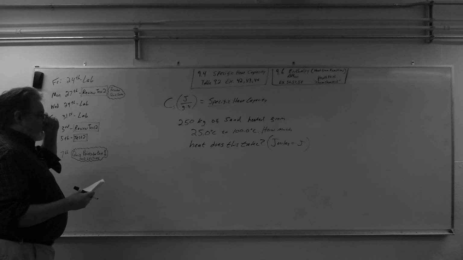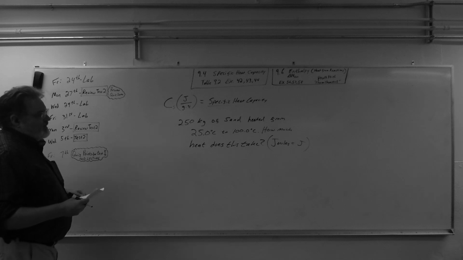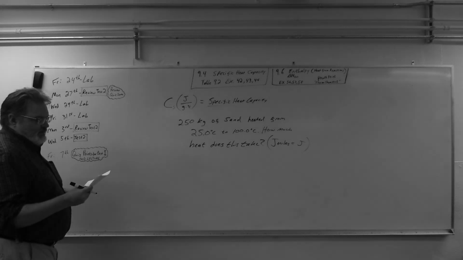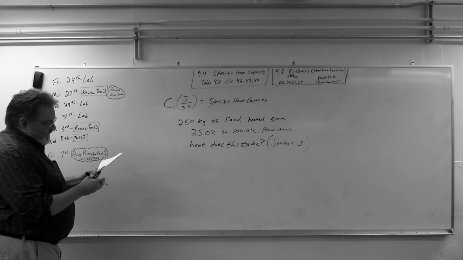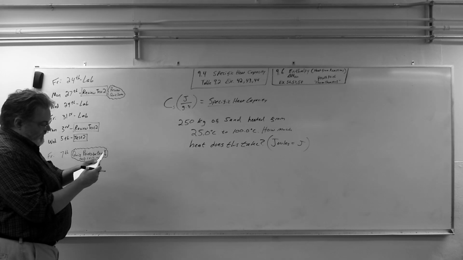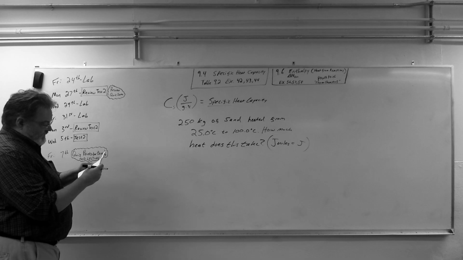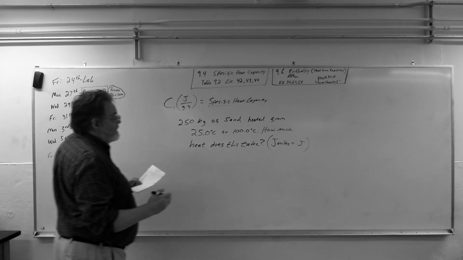The one thing you need here is the specific heat capacity of sand, which is in that table. I've got it written down here, so I don't have to keep looking at that table. But I'll give you that table in the test.